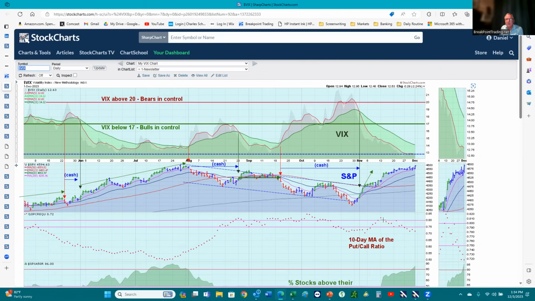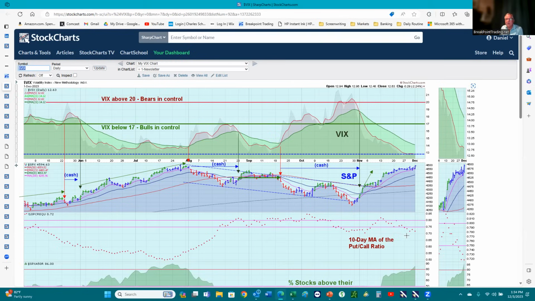Usually when the put call ratio gets above 0.8 up here, that normally is a bottom. But in this case, it was right as the market was actually zooming higher. And I think the reason for that is because the cost of puts became so cheap that it was very inexpensive to buy insurance on your positions by buying puts.